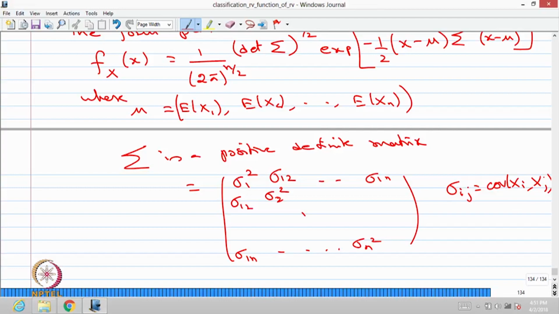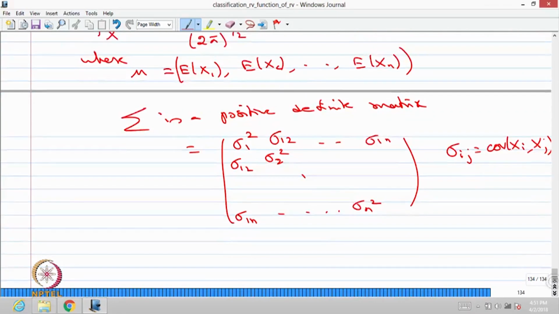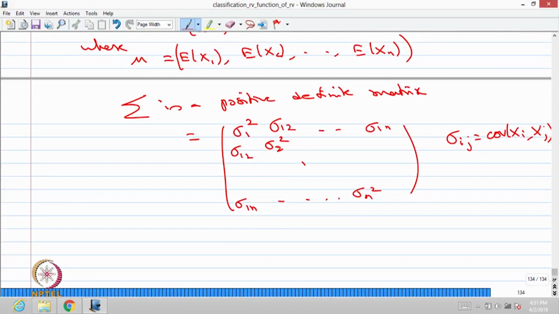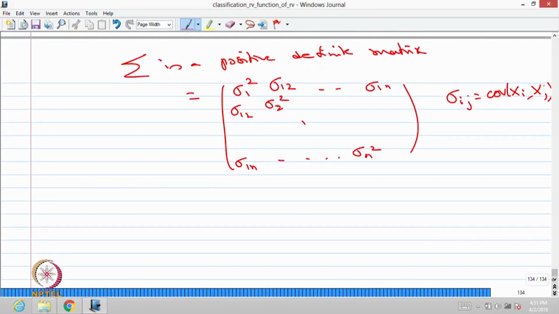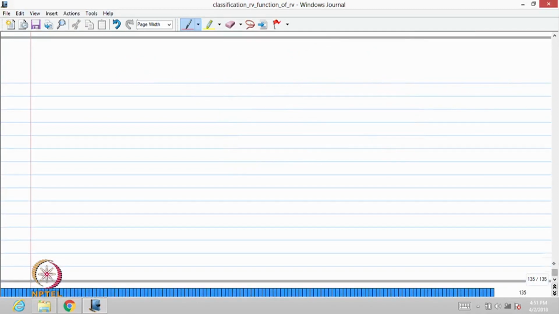When i and j are the same, it becomes the variance of the random variable Xi. So the joint probability density function can be written in this form, where mu is the vector, sigma is the matrix, and similarly small x is also a vector.